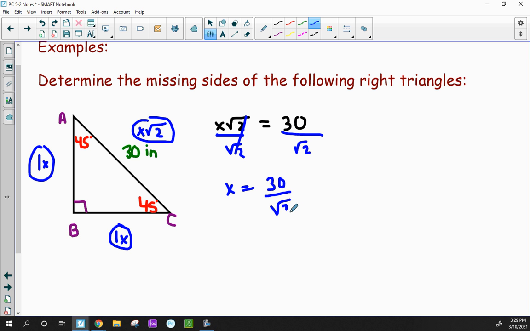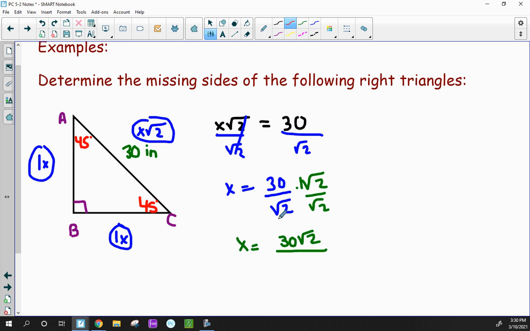Once you do that, you realize I can't leave a radical in the bottom of a fraction, so I'm going to have to rationalize. Got another step to show. We multiply fractions straight across. This is 30 times 1. Remember, this is not a radicand. So 30 times 1 is 30, then square root of 2.